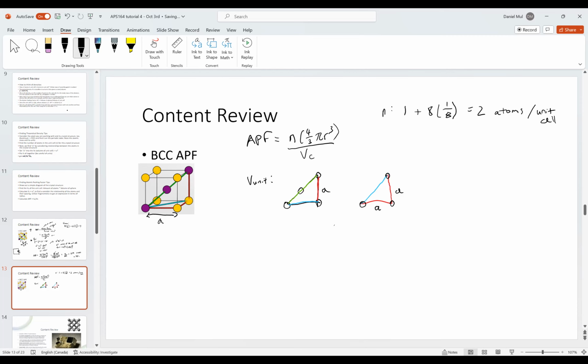And we have 4R. So again, if we consider just half to get to this corner, a full and a half. This is the diameter. So blue is diameter, green is your 4R, and red is your A.